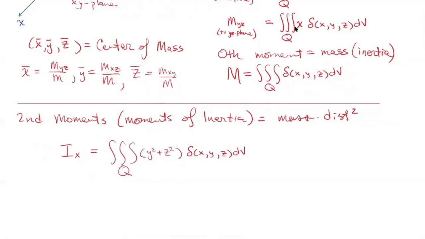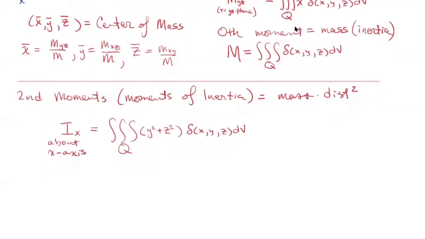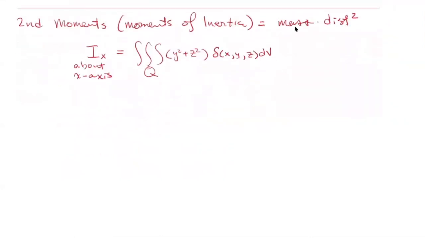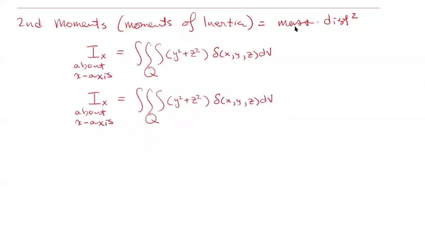So maybe I'll put that in parentheses. This one's about the x-axis, and then the others are just like that. The moment about the x-axis doesn't mention x in the distance. It just has y squared and z squared. The pattern continues with the other moments. I'm just going to doctor that up a little bit and customize it to each axis.